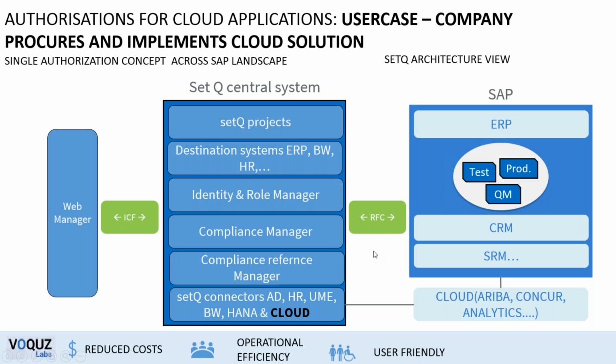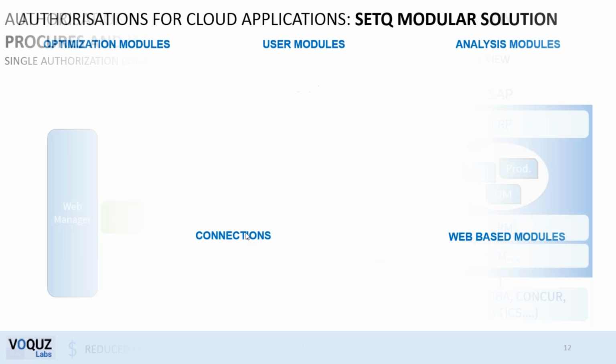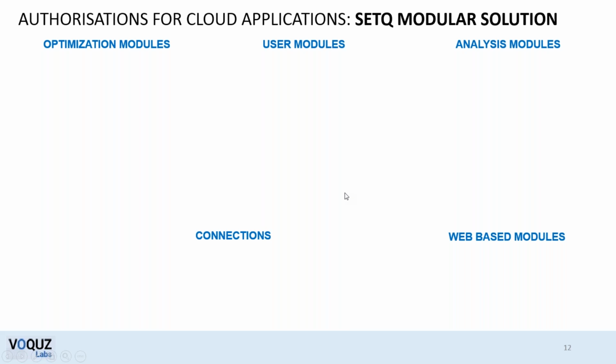Okay, let me just click through these. Okay, so how do we break this down from a setQ perspective? Well, the first thing is that setQ is really a modular solution. And it's important to understand this because it has significant benefits from a costing perspective.